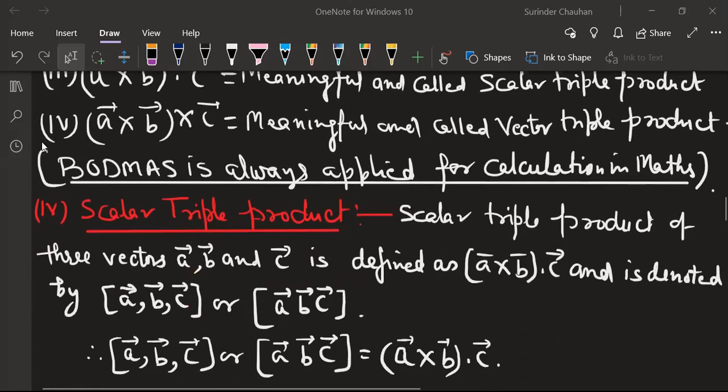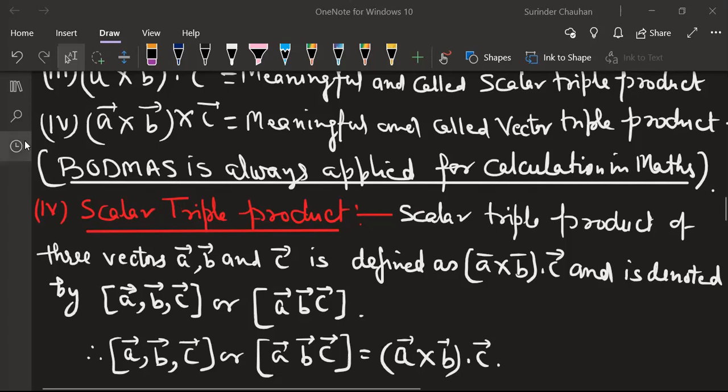You must always keep in mind that while doing any calculation in mathematics, you must use the word BODMAS. B means bracket, O means of, D means division, M means multiplication, A means addition, S means subtraction.